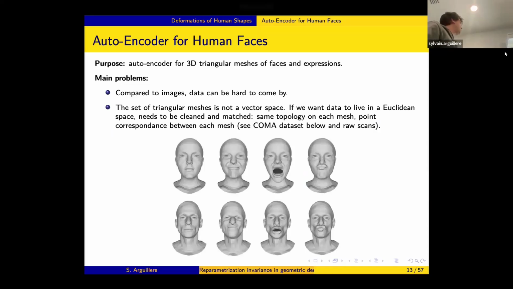So now what we want is to do the same, but for triangular meshes of faces and expressions. The problem compared to studying images is that data can be much harder to come by. So one of the data sets that we trained on is the COMA data set. There are about 12,000 meshes in the data set, but they are made from just 12 people who did 12 different expressions each.